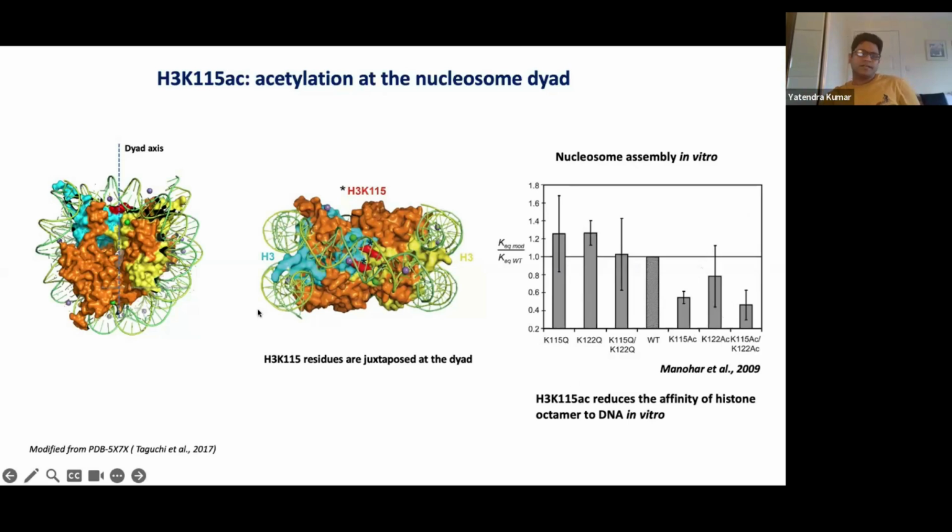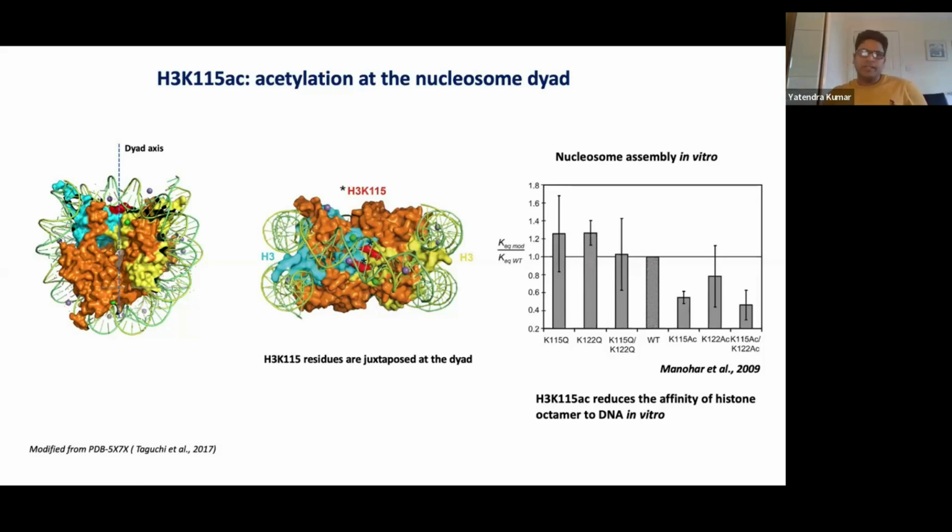This means that acetylation at this location affects the stability of DNA histone interactions because acetylation takes away the positive charge from the lysines. So with this supportive evidence, we wanted to explore how this modification plays out in vivo.